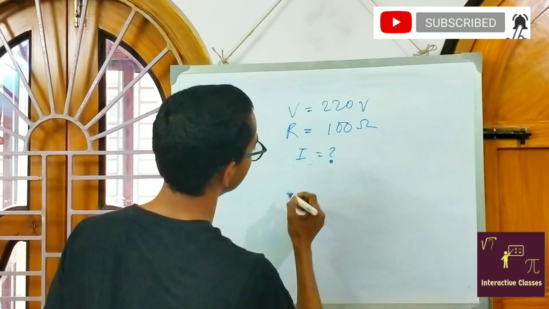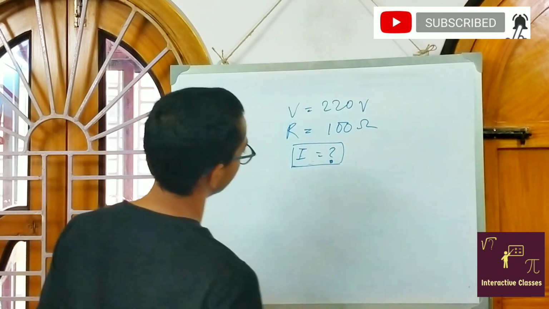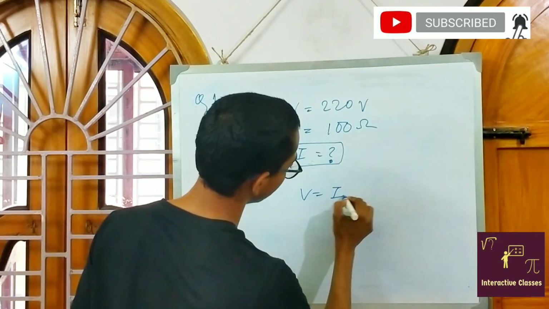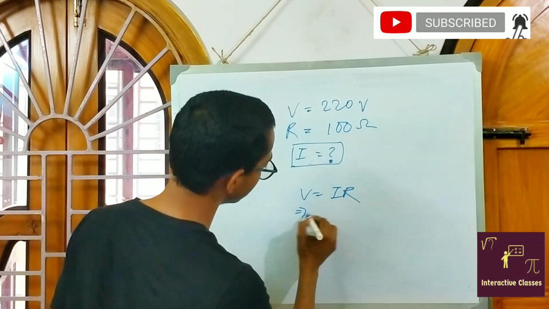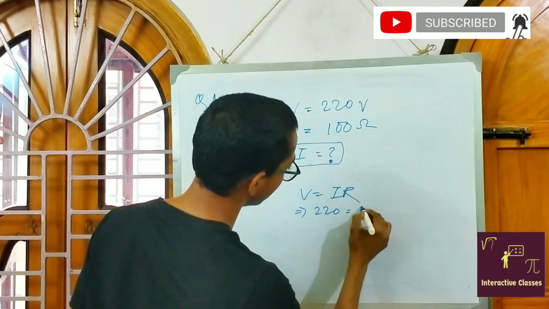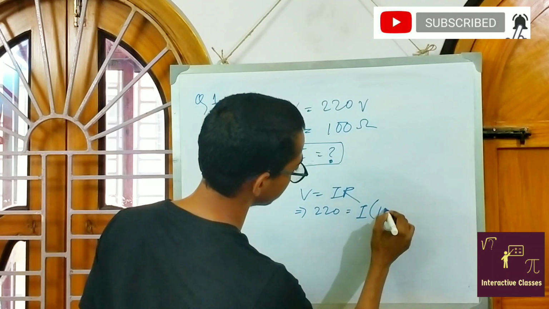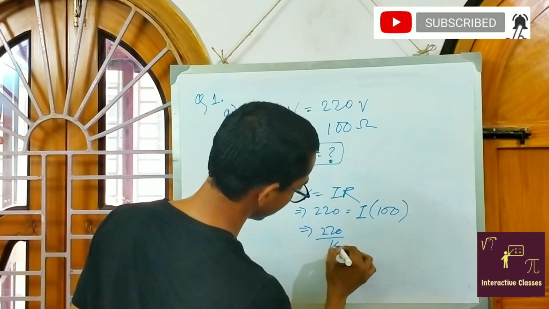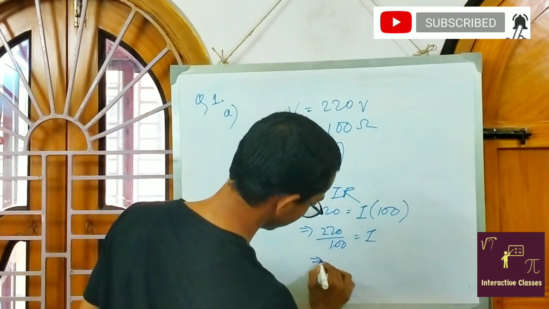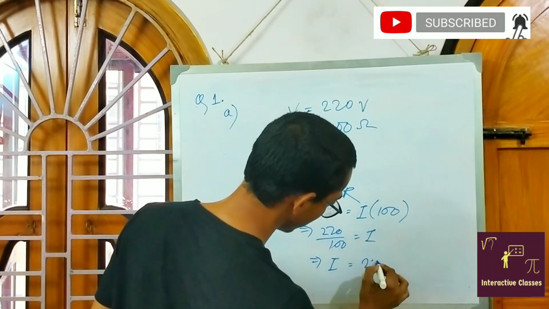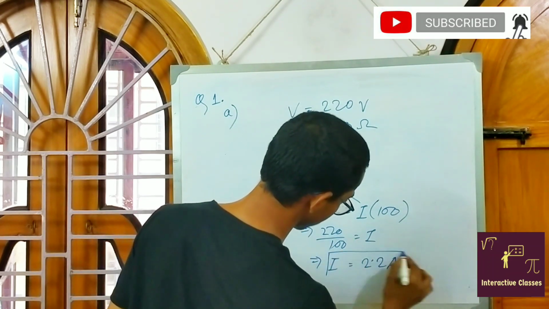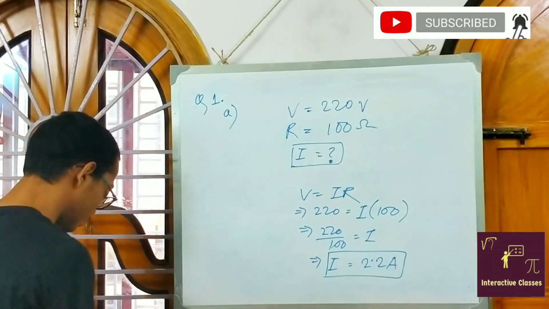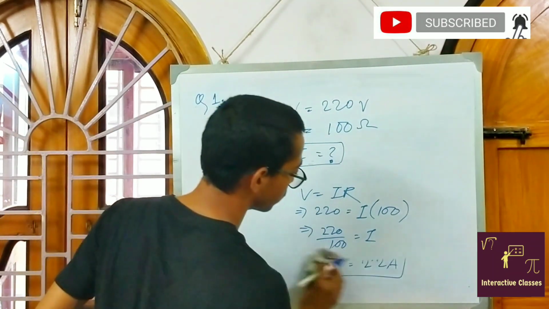So we have V is equal to IR. V is 220 volt, current we need to find out, and we have resistance as 100. So 220 by 100, that means I is equal to 2.2 ampere. So see how simply we have done this numerical problem.